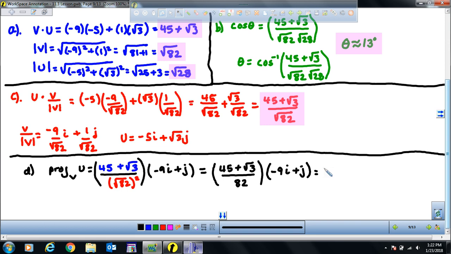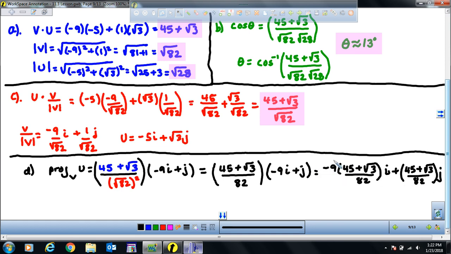It's going to be just negative 9 times (45 plus the square root of 3) over 82 i, and then plus the j multiplied times this, which would be (45 plus the square root of 3) divided by 82, and that is j.